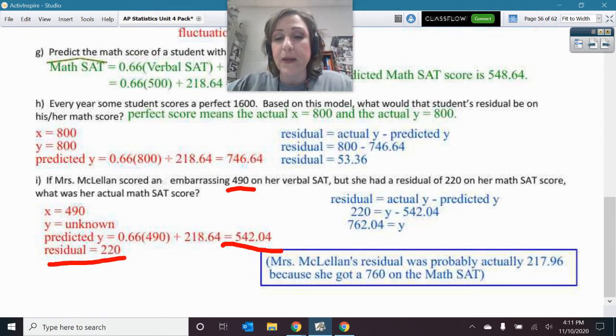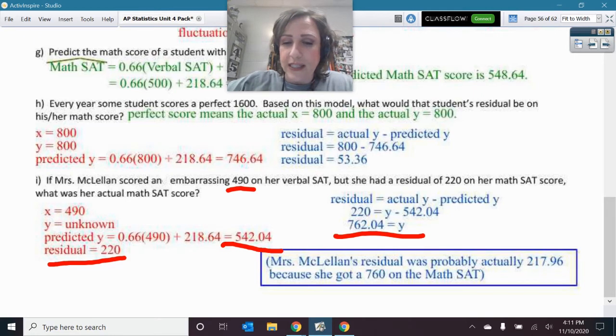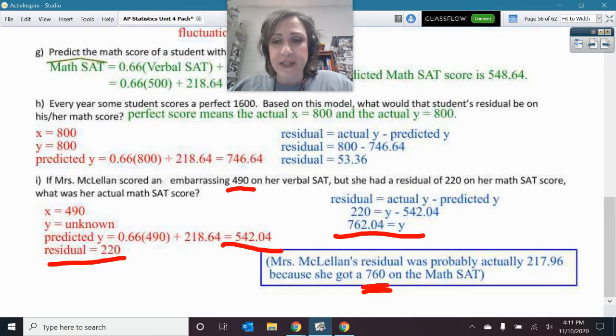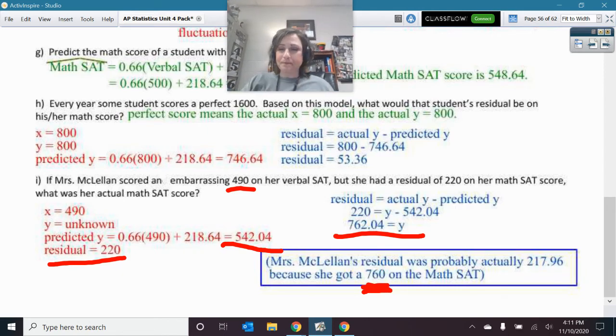Actually, it was a little different, but anyway. So there's my 762.04. Of course, that wasn't realistic. So truly, my residual, I should have said, was 217.96. Okay, but anyway, you get the idea of what's going on there.